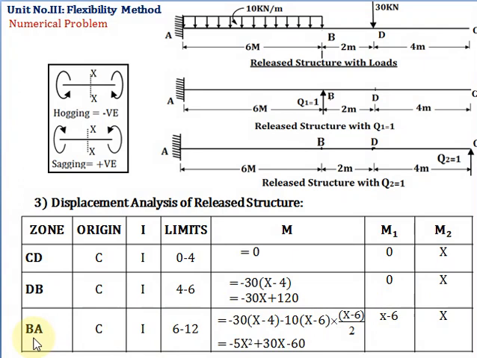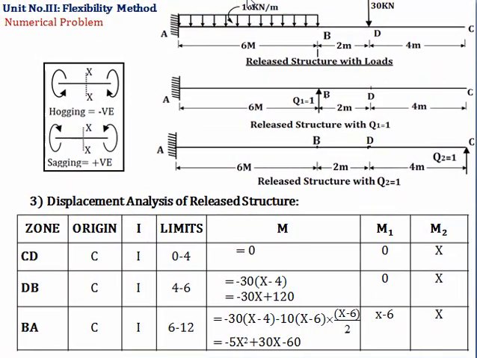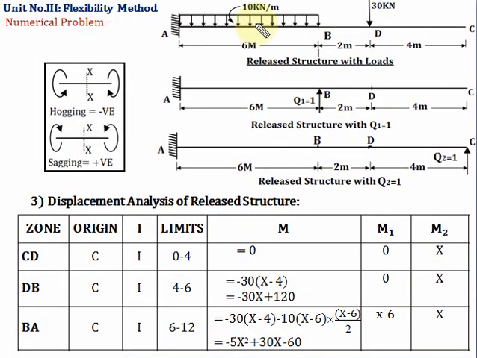Now we will consider the next zone, that is zone BA. That means we are considering the section x in zone BA, and we are measuring x from C. Now here, the first load will be the 30 kilonewton acting like this.